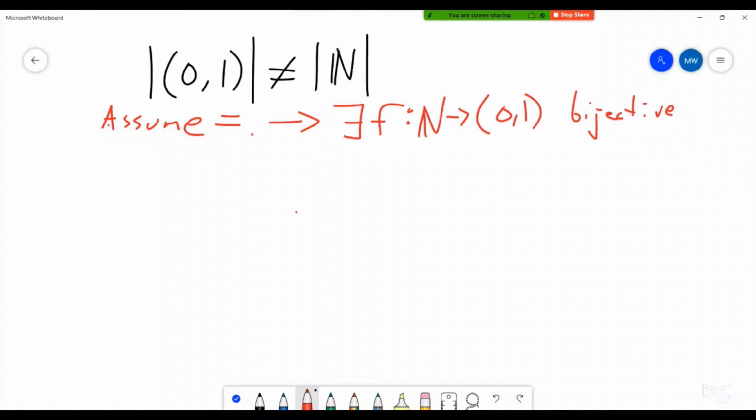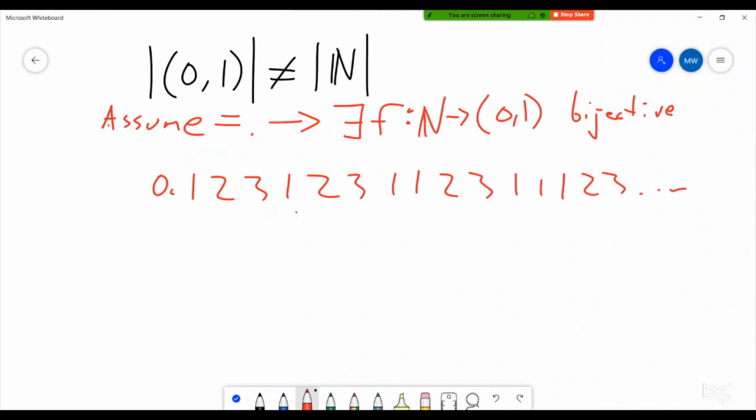What that means is we can list every real number between 0 and 1 in a list. So we can have a 0 point, maybe it's 1, 2, 3, 1, 2, 3, 1, 1, 2, 3, 1, 1, 1, 2, 3, some real number in some decimal notation.